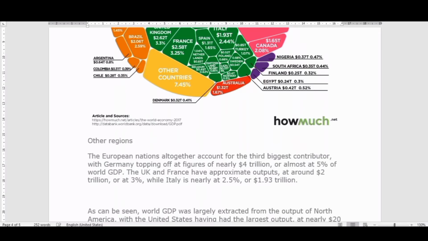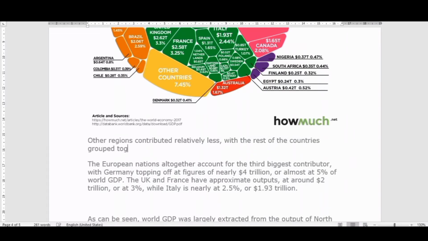Other regions contributed relatively less, with the rest of the countries grouped together, combining 7.45% of total world GDP.